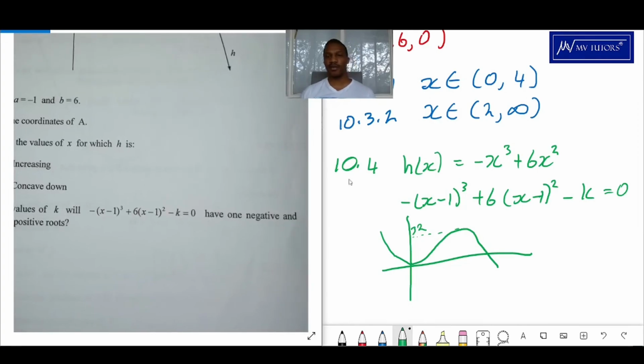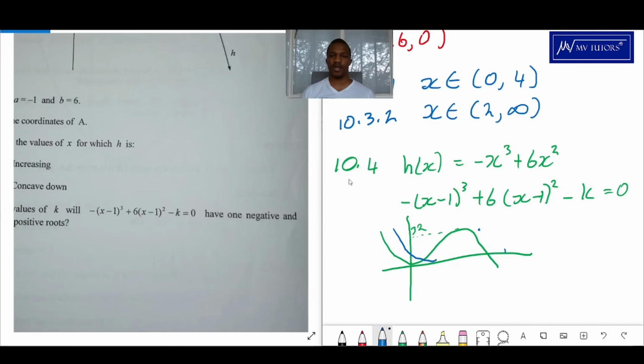Anyway, first of all, let's shift this graph. What happens if we shift this graph? This point comes here, 1. That one is still at 32. This one then comes here, and then we have a y-intercept.